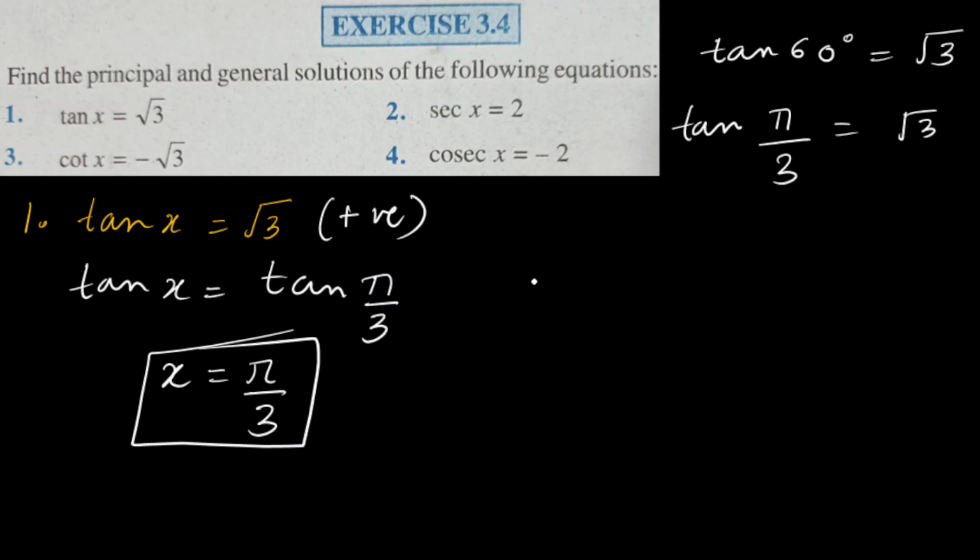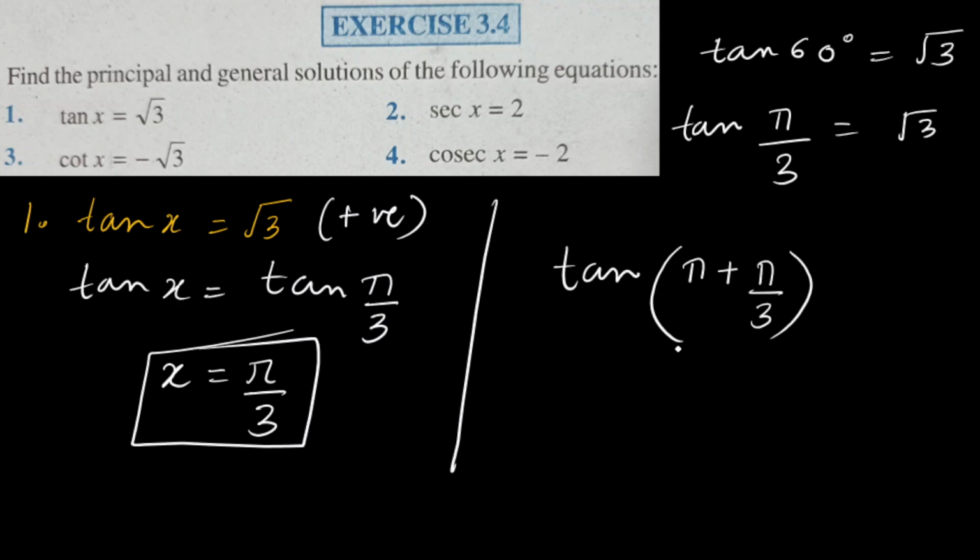In the third quadrant the angle is expressed as pi plus pi by 3. So tan pi by 3 and tan of pi plus pi by 3 are both equal, and the value is also root 3.